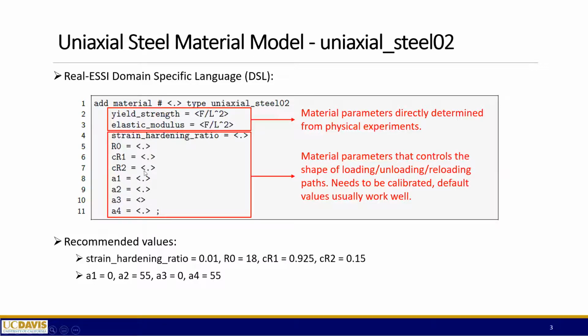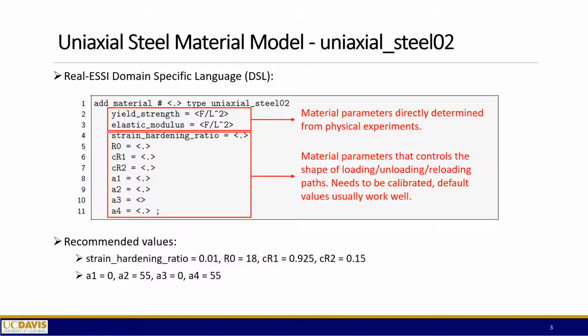Some researchers or engineers would be a little confused as to how to use all those additional parameters. But in most cases you can use the default values, and those recommended values are given here. In most cases, you can directly use them.